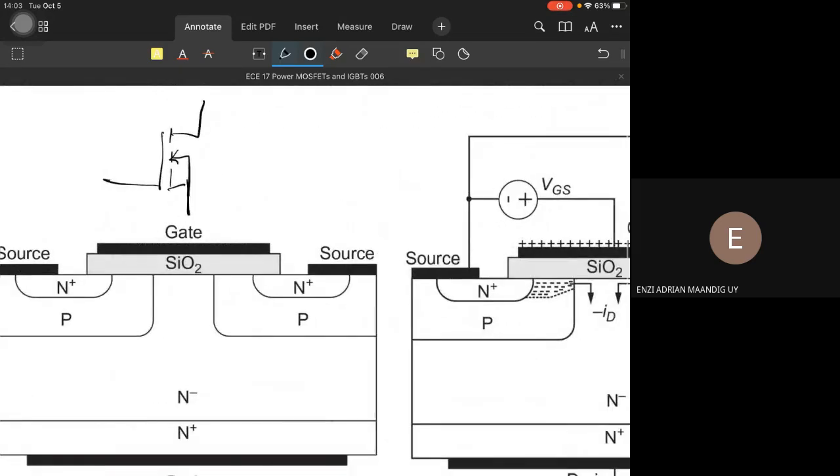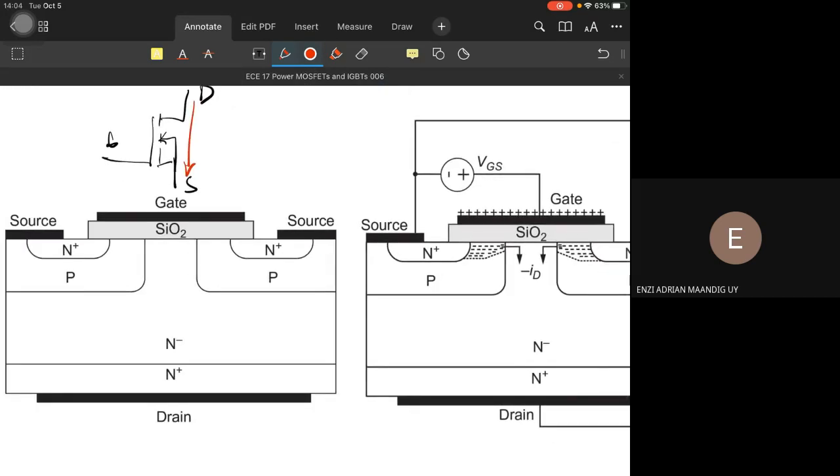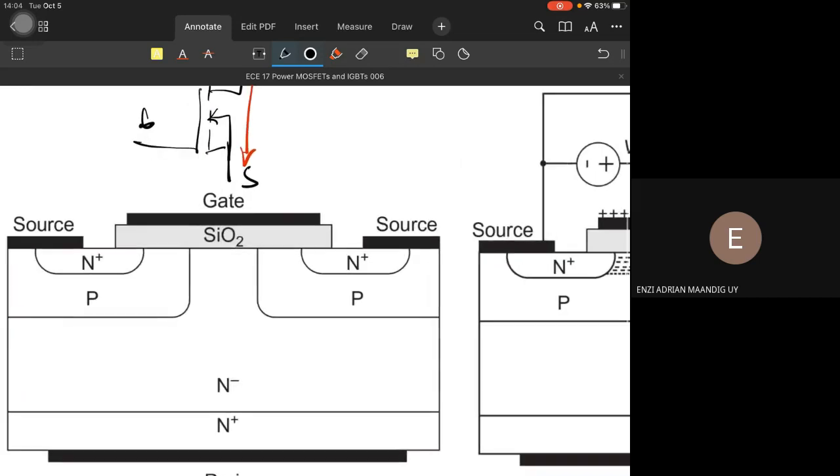So we have the gate, the drain, and the source. Conventional current flow: current will flow from the drain to the source. The difference of a MOSFET from a BJT is that the gate terminal is insulated, not directly connected to the semiconductor material, due to this silicon oxide layer.